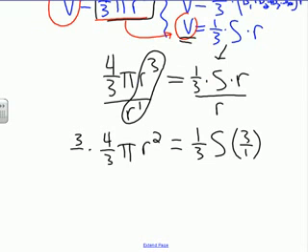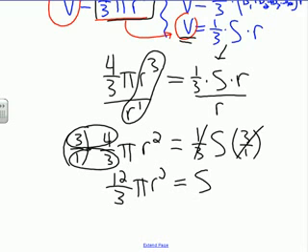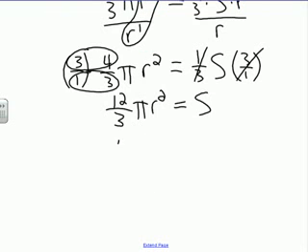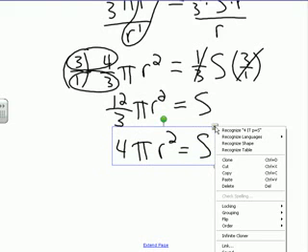If I do that on the right side, I must do that on the left side. That cancels out the fraction, leaving me with S, and 3 times 4 is 12, 1 times 3 is 3, so 12/3 pi r squared, which simplifies to 4 pi r squared. And that is how we get the formula for the surface area of a sphere.